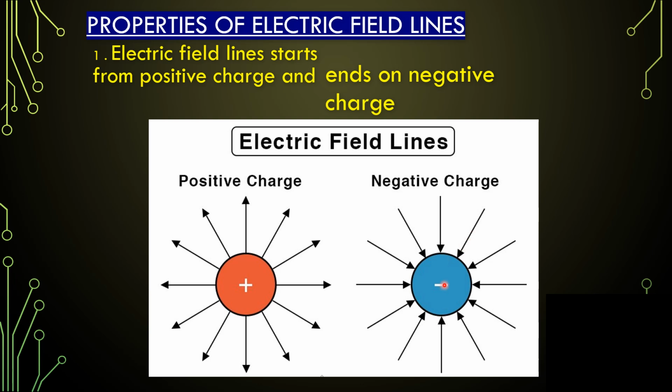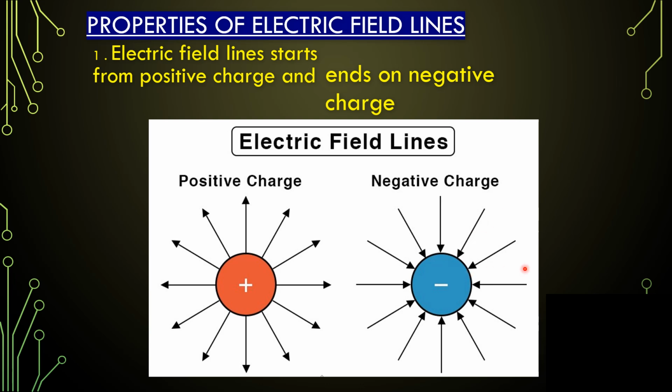Similarly, if you keep a negative source charge, the test charge is attracted towards the negative charge. That's why the field lines act towards the negative charge.